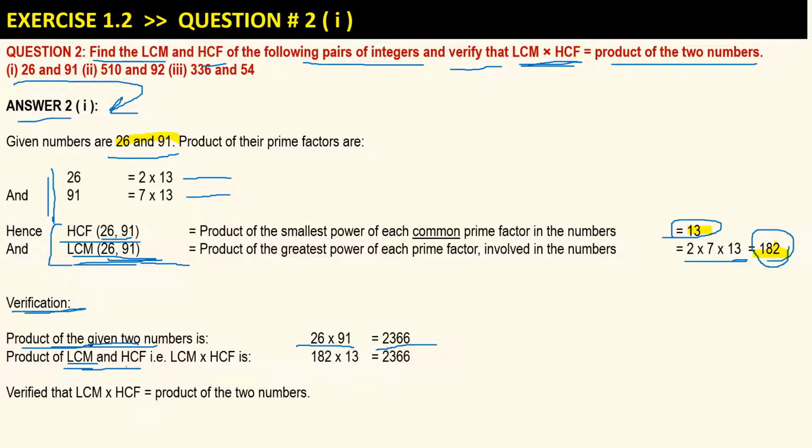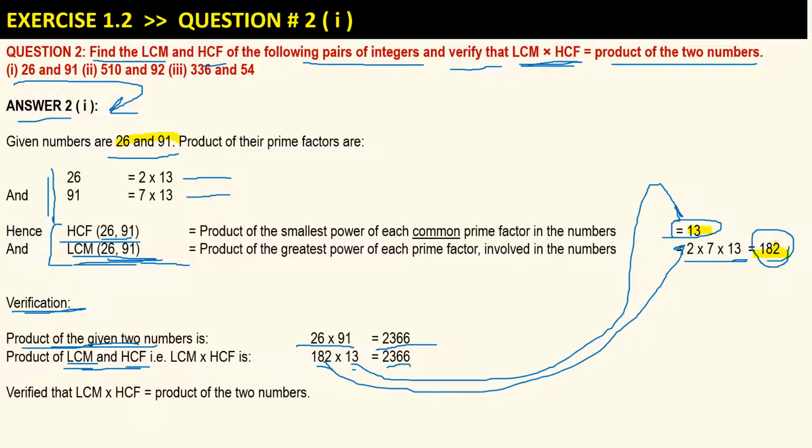LCM is here, and HCF we will get 182 multiplied by 13. So you see this 13 is the HCF and this 182 is the LCM. So their product will be 2366. So both these things are equal.